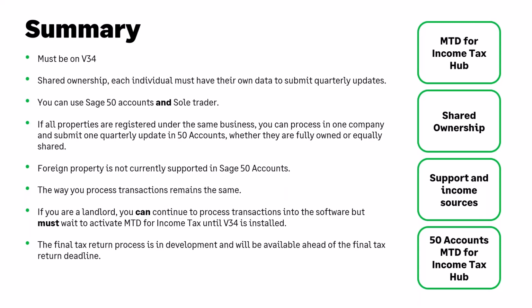So you can continue to process your transactions, but do not activate MTD for income tax until you are on version 34, specifically for landlords, because the income tax categories are different to that of the sole trader. Once that is activated, you can't change back. So that's why it's really important to wait until you are on version 34. Final tax return process is in development and will be available ahead of the final tax return.